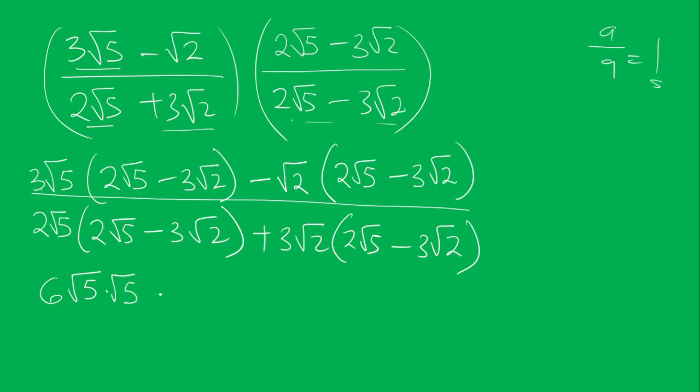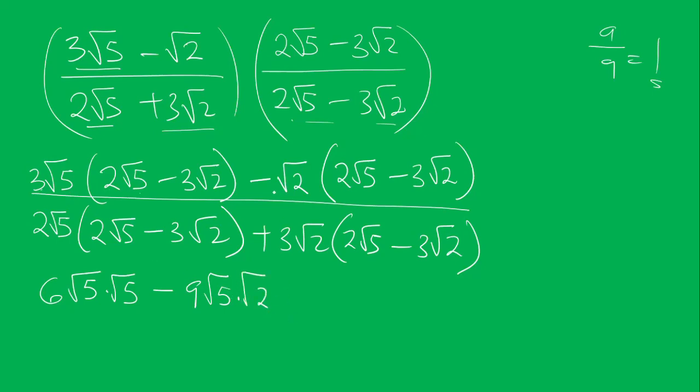Now you have minus 3 root 5 times 3 root 2. So 3 times 3 will give you 9. This is supposed to give us root 10, but let's expand it more. There is square root of 5 times the square root of 2.